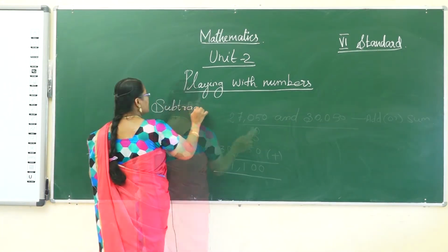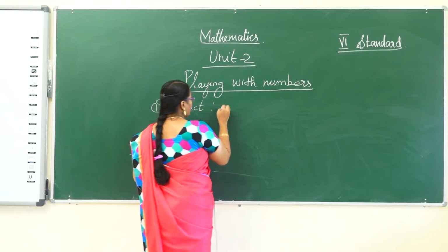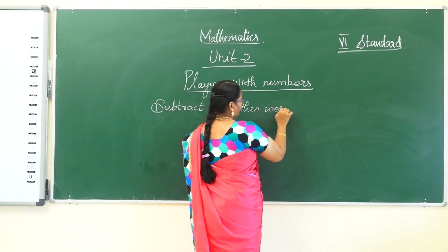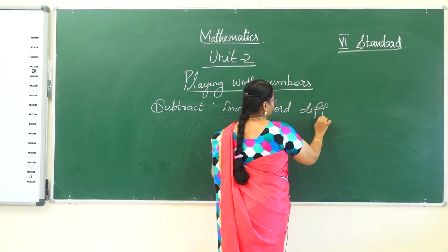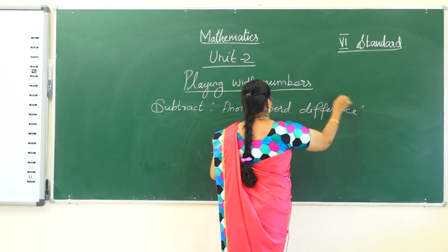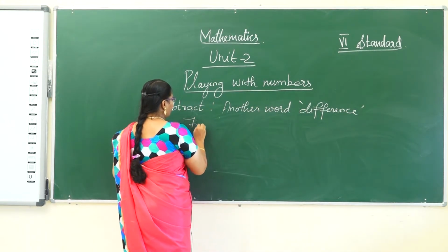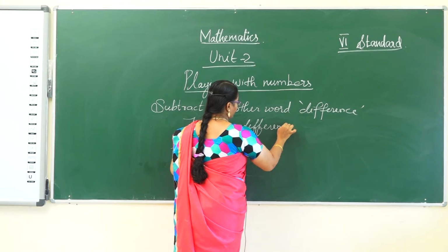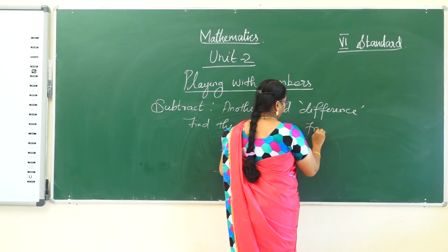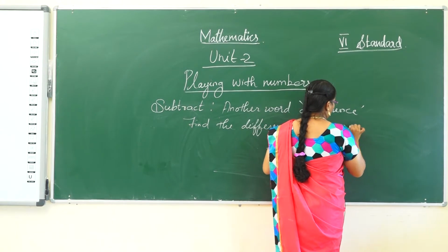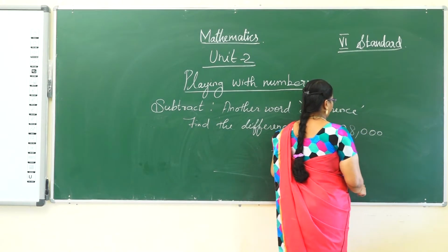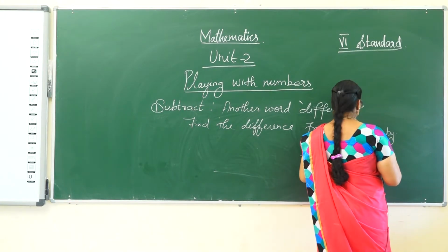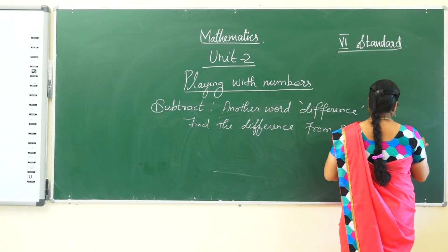Next is subtraction. Another word for it is difference. Find the difference from 28,000 by 6,000.